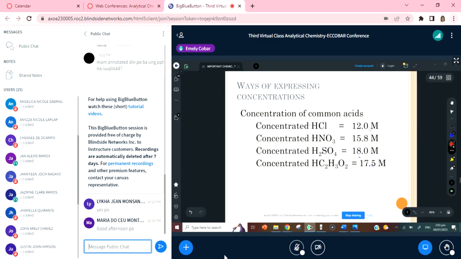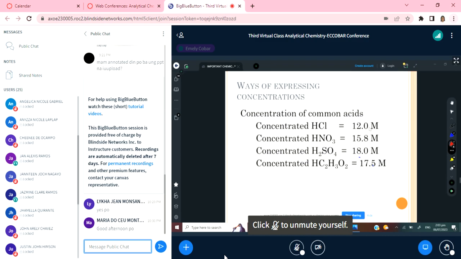That's why dun sa isang activity nyo, you're asked to research, okay, the concentration in molarity of the acids and bases. Tapos may nakalagay doon na specific mass percent. So, syempre marami ka kasing makikita. Kung iba ang mass percent, iba yung concentration in molarity.